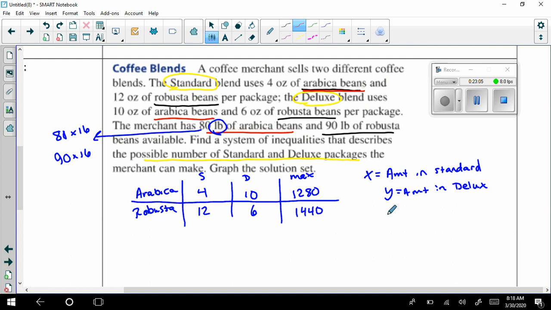Because we want to know the possible number of standard and deluxe. So those are our variables. So we have 4x plus 10y needs to be less than 1280. And we have 12x plus 6y needs to be less than 1440.